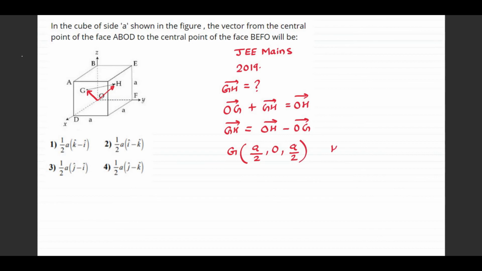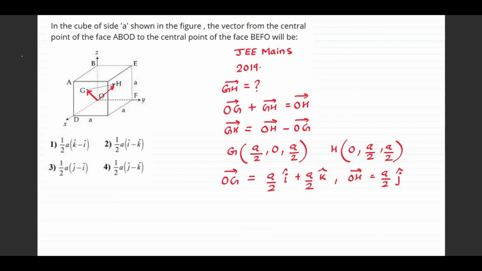2 comma 0 comma a by 2. For H it will be 0 comma a by 2 comma a by 2. Correct? So can I write OG vector will be a by 2 i cap plus a by 2 k cap, and OH vector will be a by 2 j cap plus a by 2 k cap.